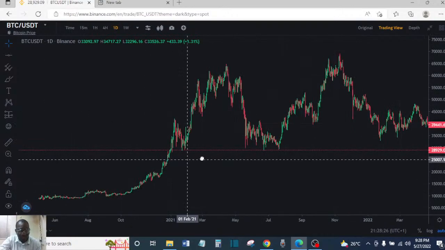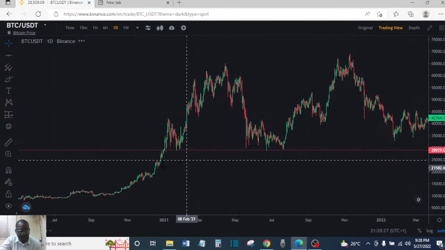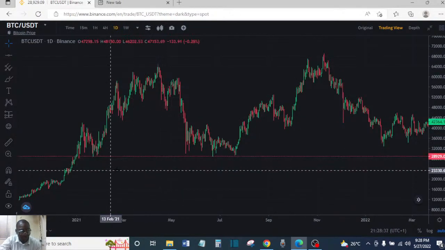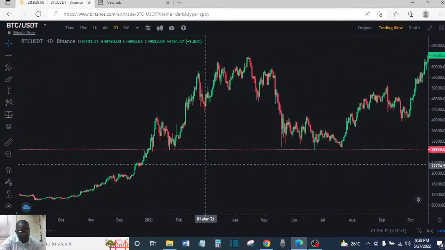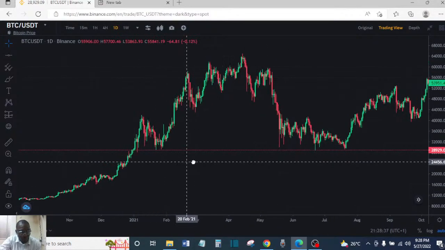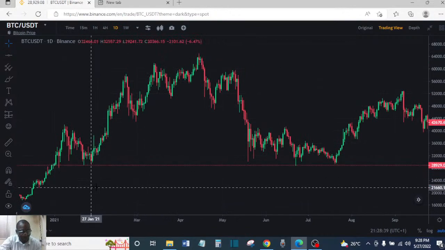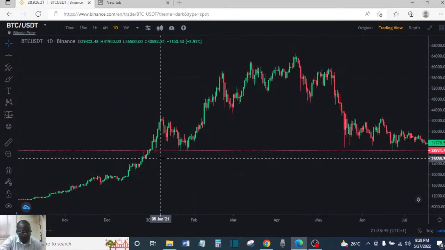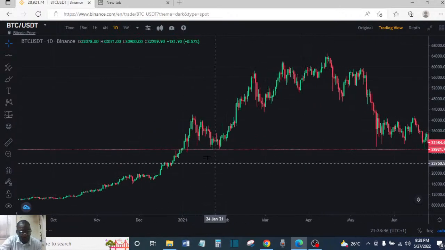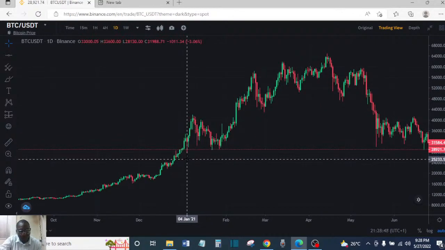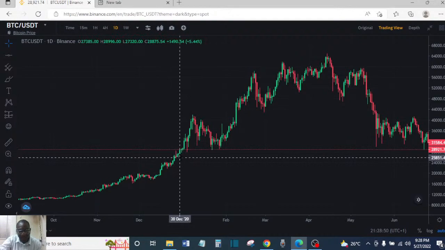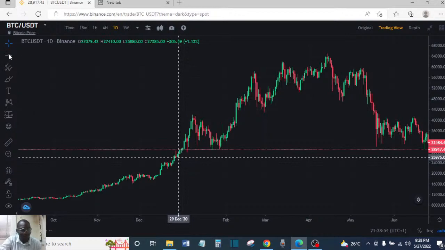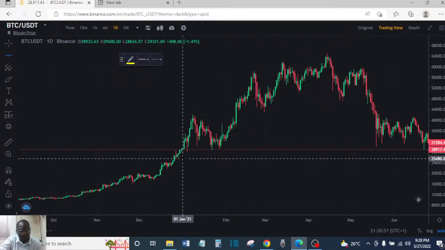Now, this is the area. This dotted red line is where price is currently. The area I expect price to come and clear for now is this, and that is around 25,600.